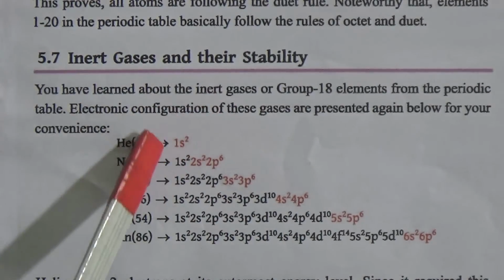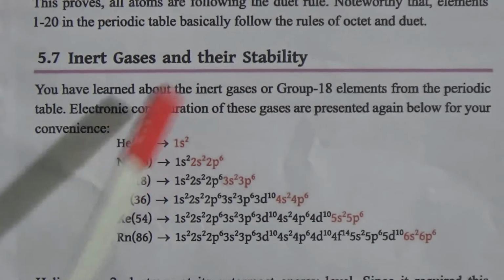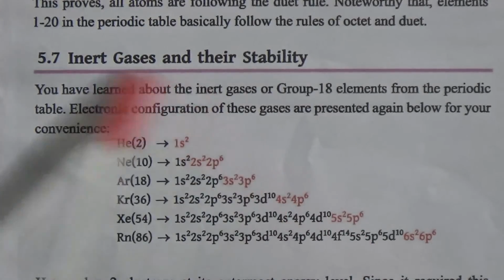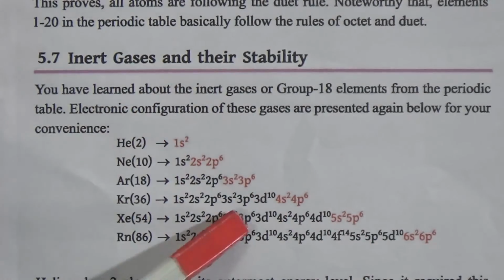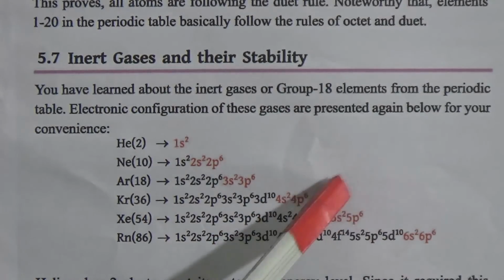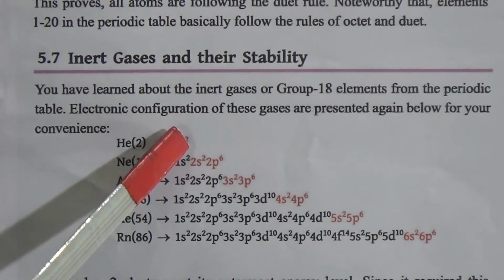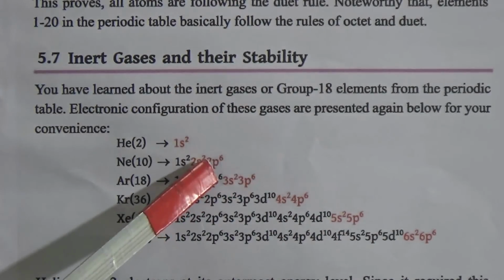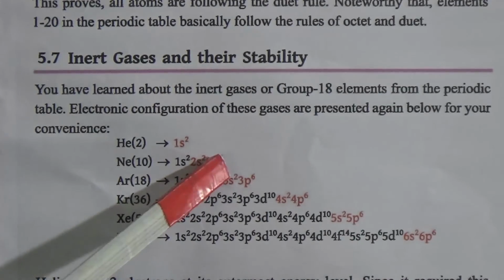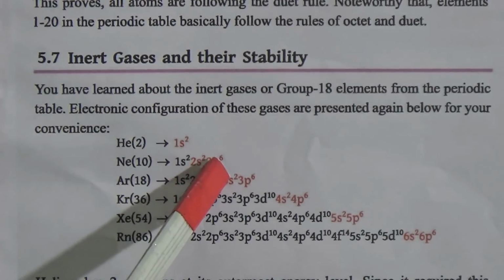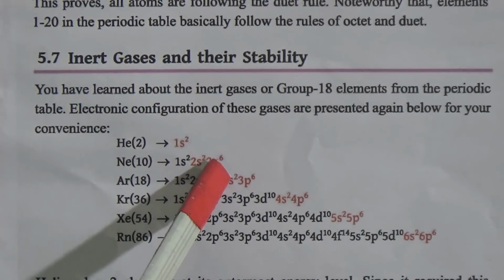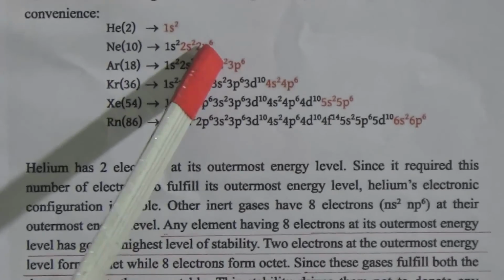That's why they are called the inert gases, and they have stability because their outermost orbital is filled up with electrons, and every element wants to get this type of stability. For that, they donate, or accept, or share electrons to get that type of stability.